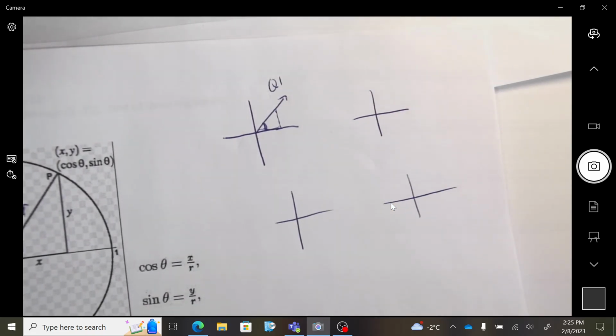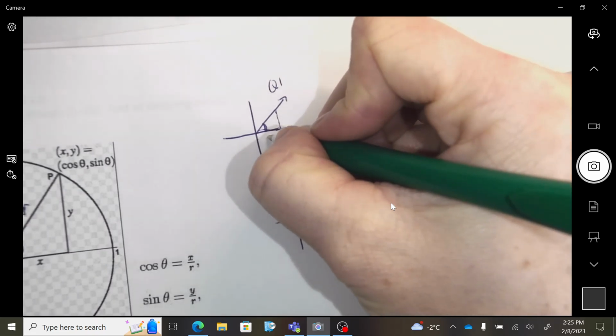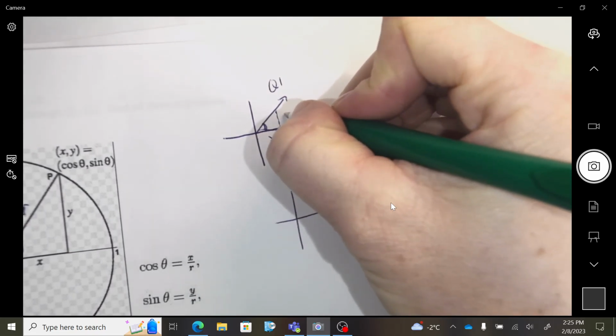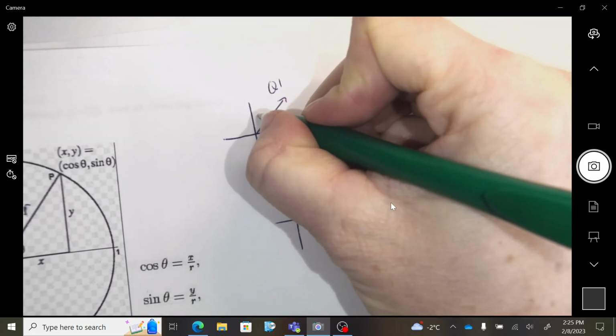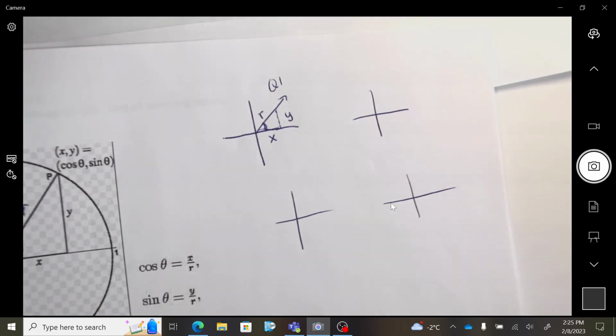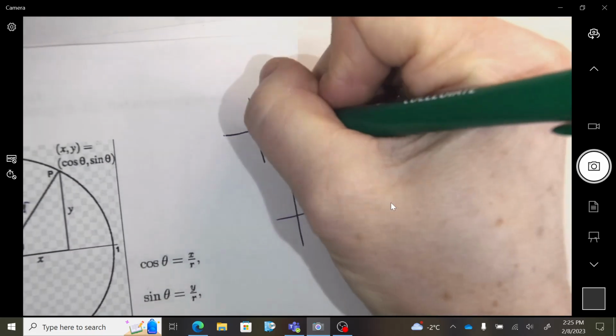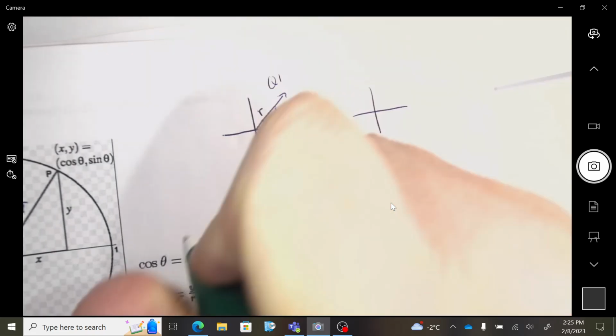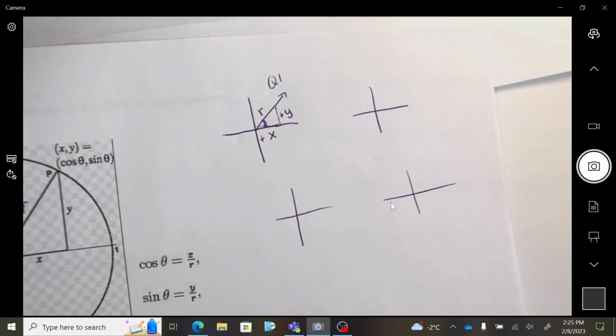Do you remember that from grade 11? Always the x. This side is x, this side is y, this side is r. Tell me in this quadrant, what do you know about x and y, thinking as in positives and negatives? They're both positives. So I'm going to make a note for myself to remember what that quadrant would look like.